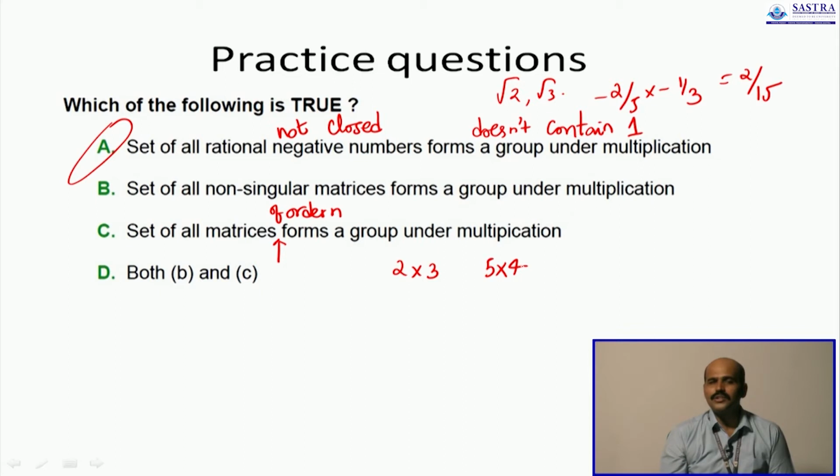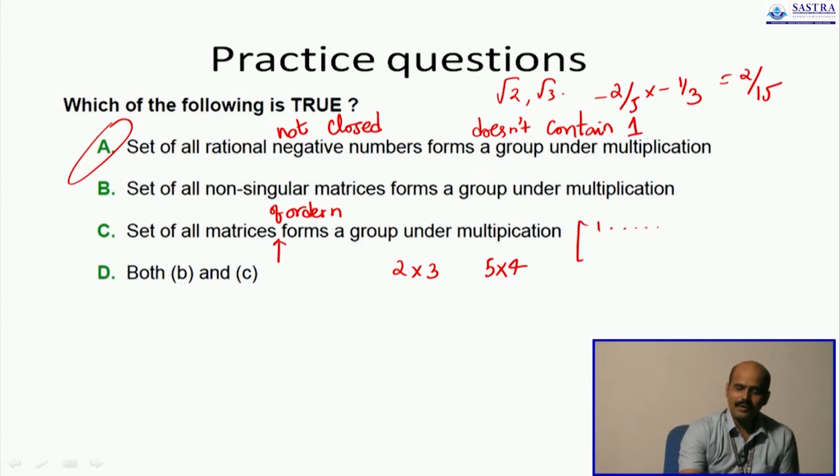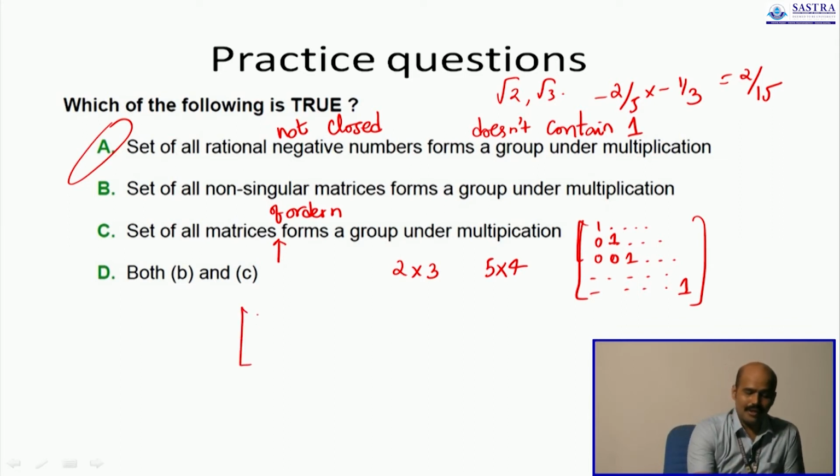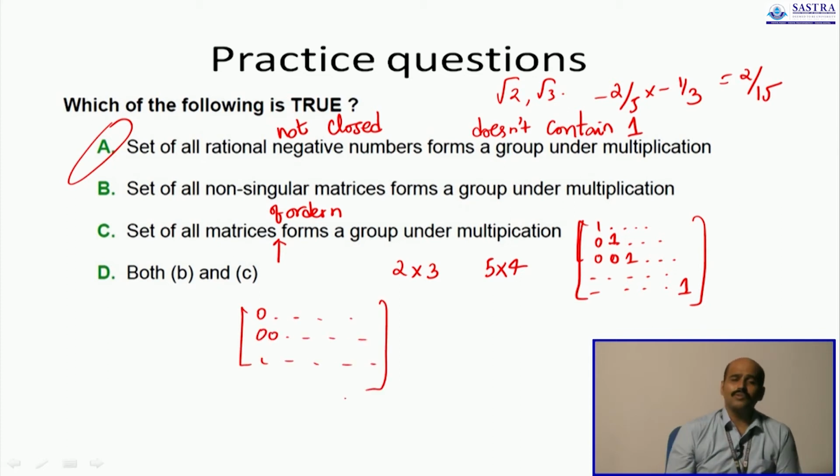Now you will see that it is closed, you will see that it is associative, you will see that it contains the identity element, the identity matrix, within itself, but what you will not see is that all matrices will have their own inverse, because I can consider the null matrix with n rows and n columns, and the null matrix will not have its inverse element defined, just like we did not have an inverse for 0 in the set of all real numbers.